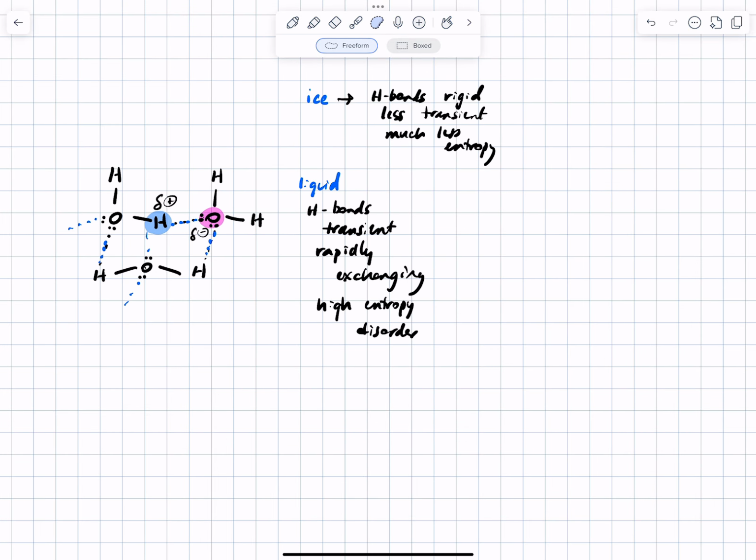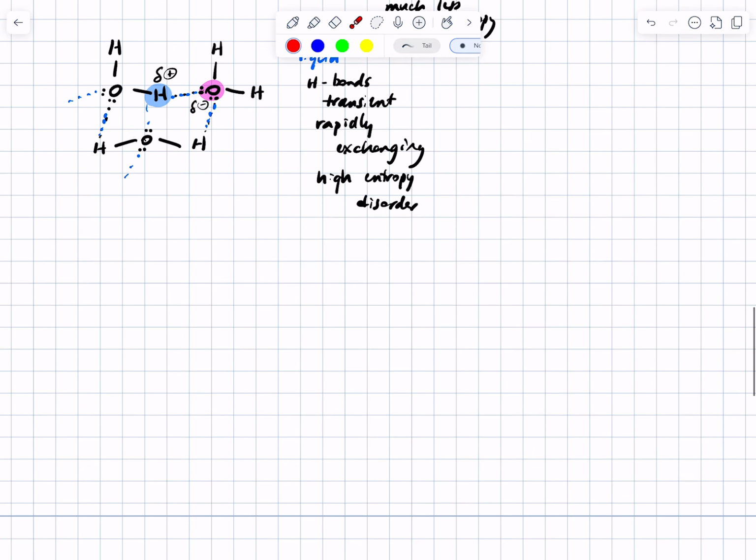So, remember, in ice, the hydrogen bonds between water molecules are rigid, they're less transient, there's much less entropy. In liquid water, the hydrogen bonds are exchanging quite rapidly, molecules are moving fast relative to each other, and there's high entropy or disorder.